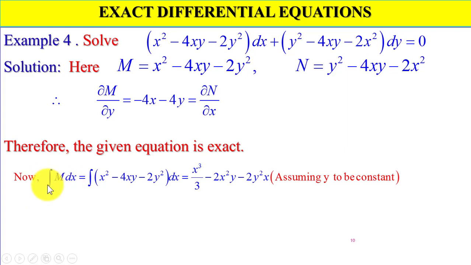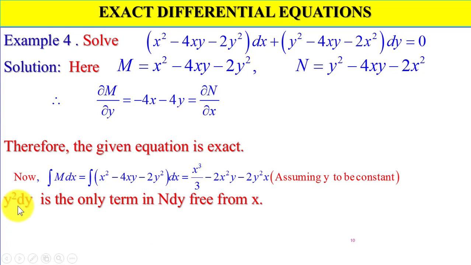We have the integration of M dx is equal to the integration of (x² minus 4xy minus 2y²) dx, which is equal to x³/3 minus 2x²y minus 2y²x, assuming y to be constant.